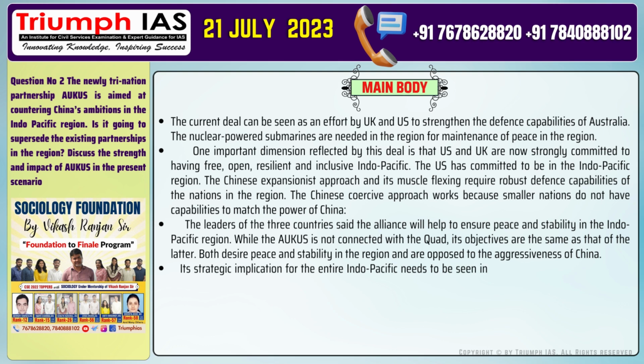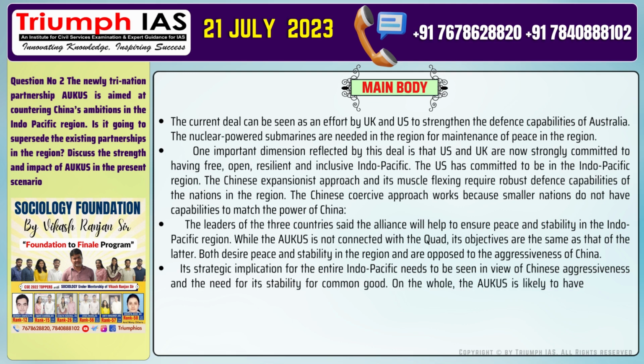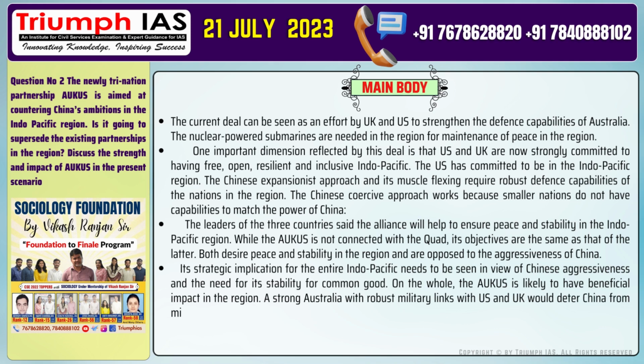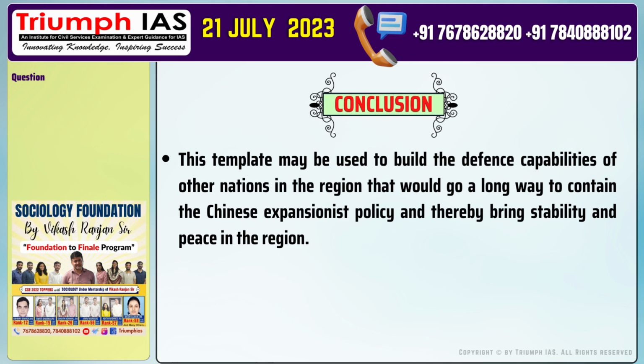Its strategic implication for the entire Indo-Pacific needs to be seen in view of Chinese aggressiveness and a need for its stability for common good. On the whole, the AUKUS is likely to have beneficial impact in the region. A strong Australia with robust military links with US and UK would deter China from misadventure in the region.